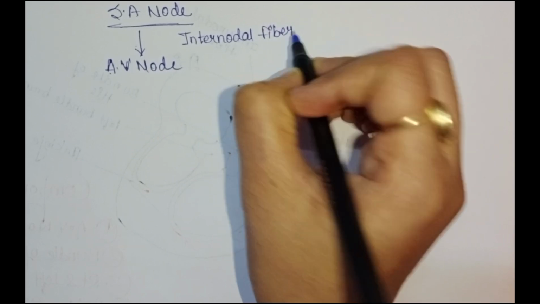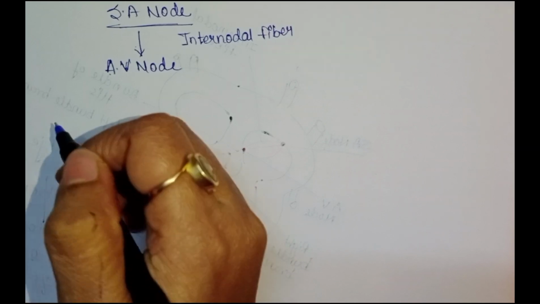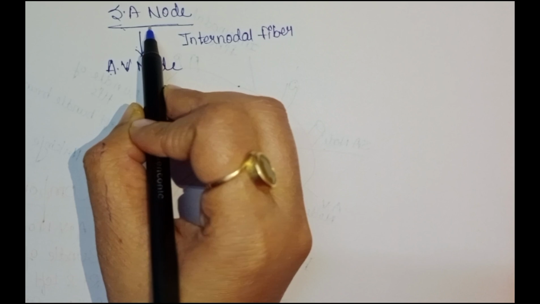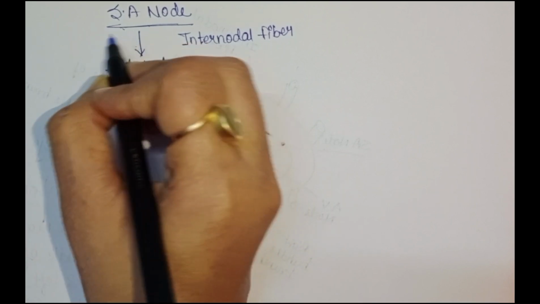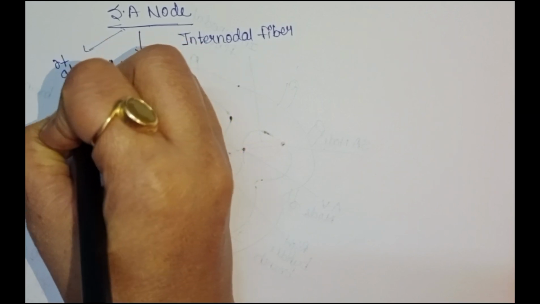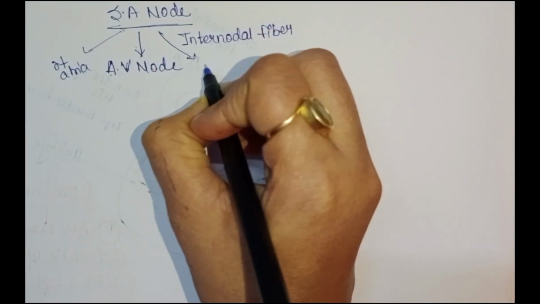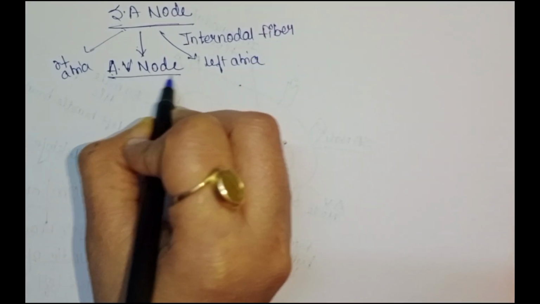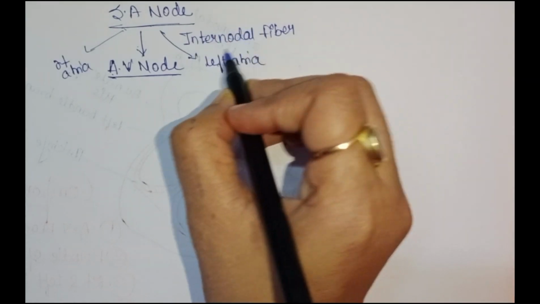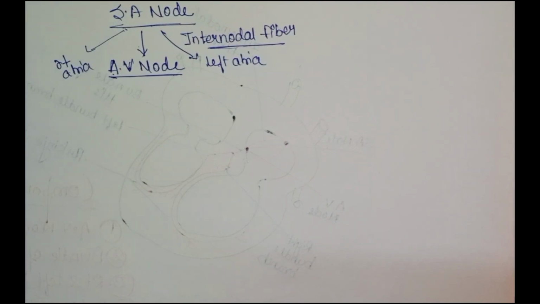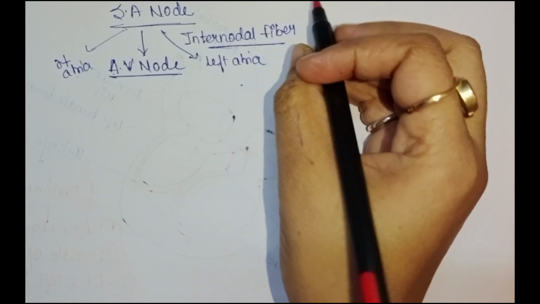We have seen in the diagram. So the impulse from SA node is conducted to the right atrium, the left atrium, and also reaches the AV node through specialized fibers called internodal fibers. Now let's read a little about internodal fibers.